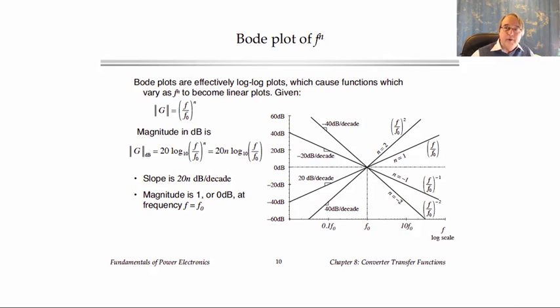Okay, this is a term that we've already seen. If we go back a few slides, here was our plot for functions that go like f to some power. Here the power n is minus 1, so we'll have this curve right here, the n is minus 1 curve, and it's a line that has a slope of minus 20 dB per decade, and it goes through 0 dB at f equals f naught.